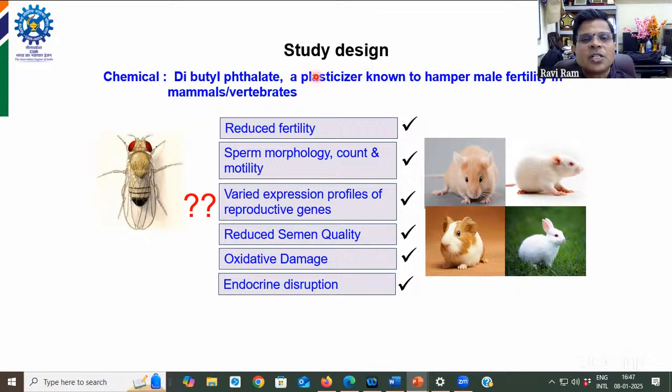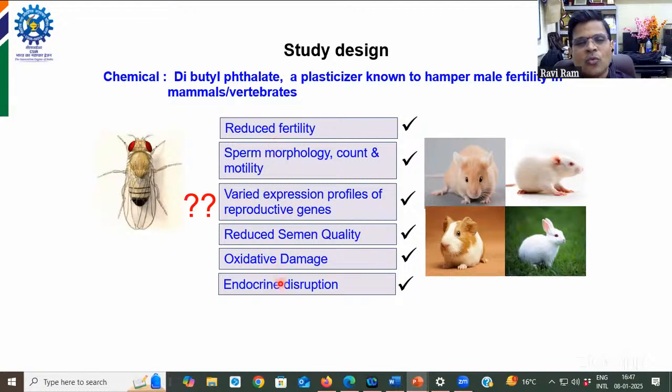And these are potential endocrine disruptors in mammals, because of which they are known to cause all these kinds of things. So what we asked is, okay, fine, we take this chemical and expose males to this particular chemical and see if it's going to cause these changes in Drosophila.